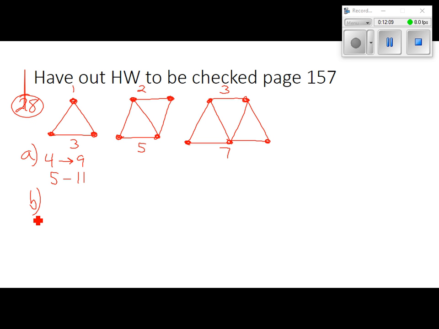Suppose Adric makes n triangles. Make a conjecture about the number of segments he will need to make the triangles. So n triangles.